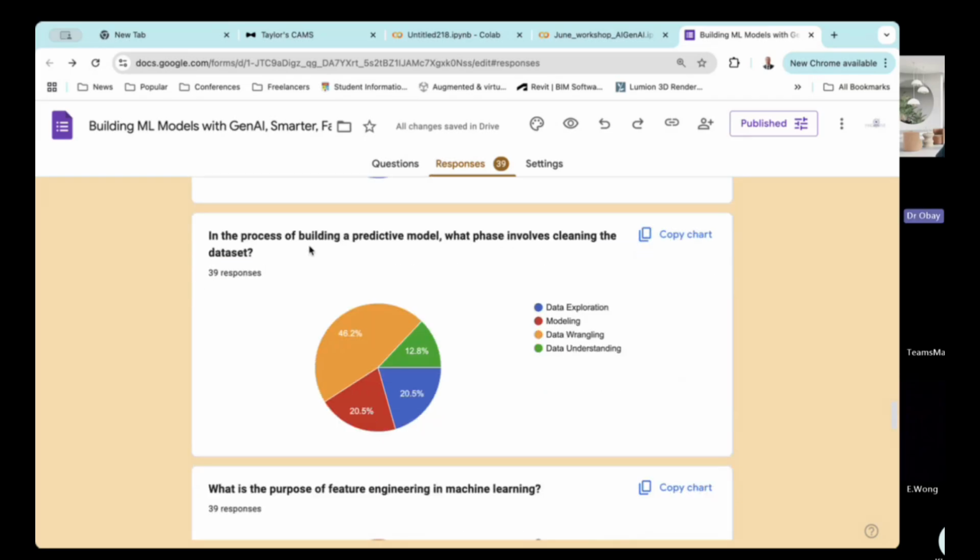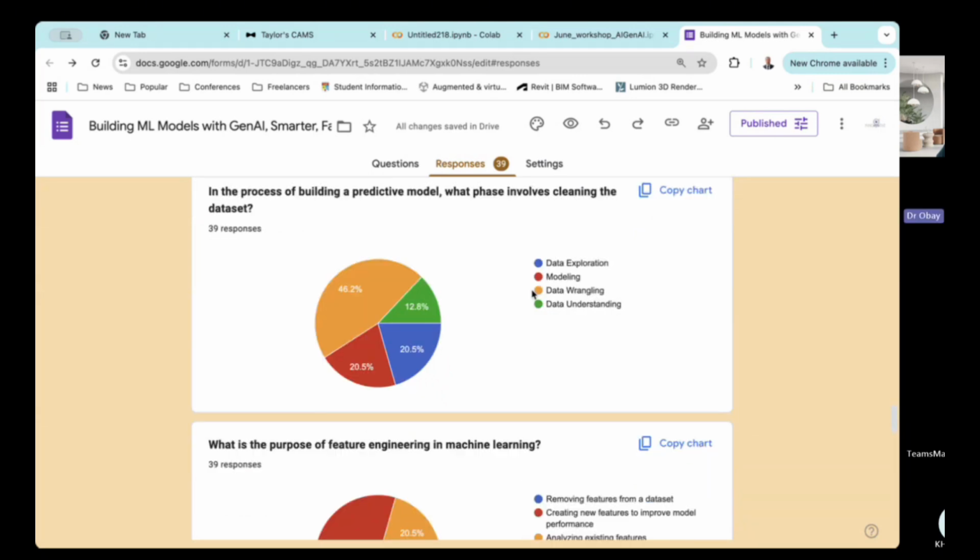And the process of building a predictive model, which phase involves cleaning the data set? So the majority agree it is data wrangling, which is, yes, exactly, data wrangling. Modeling is something after the exploratory data analysis, which is itself after data wrangling. And then data exploration, this is the early stage.